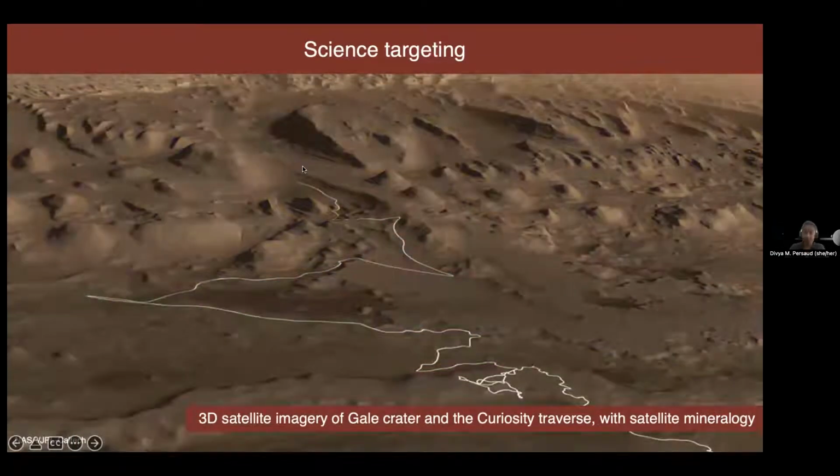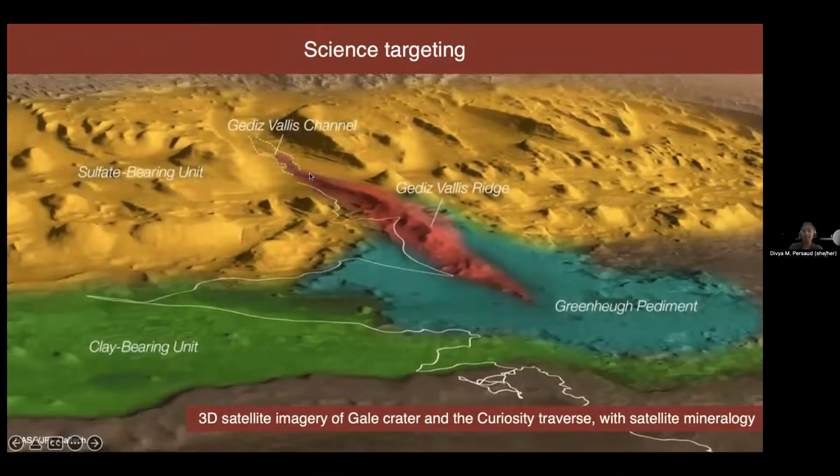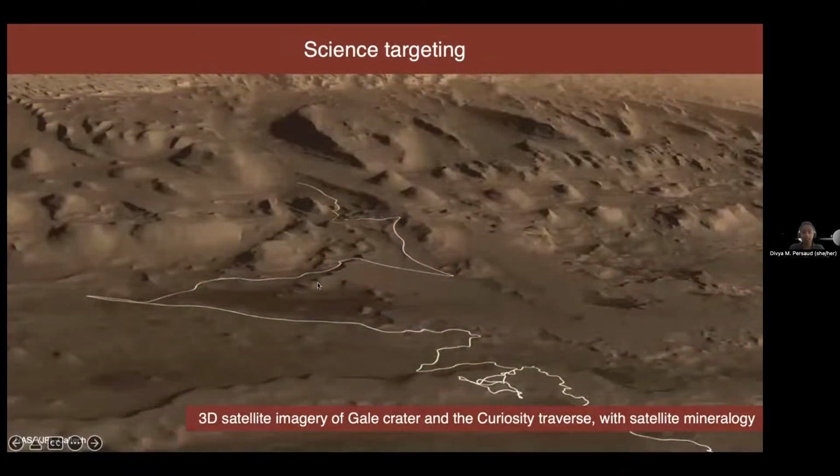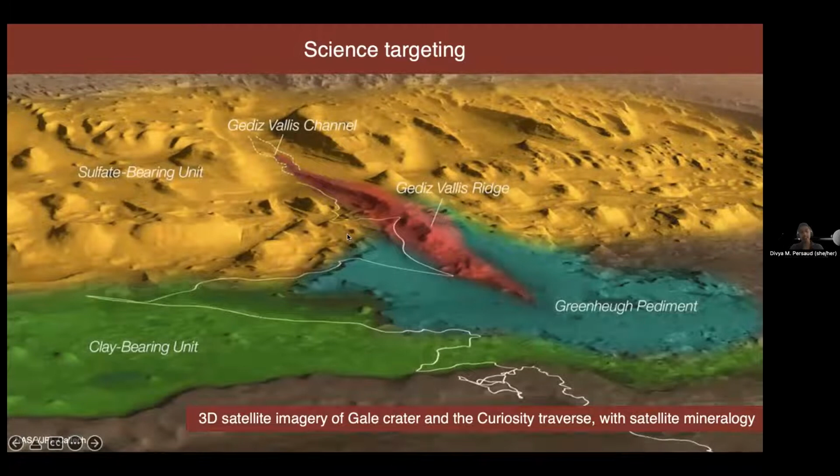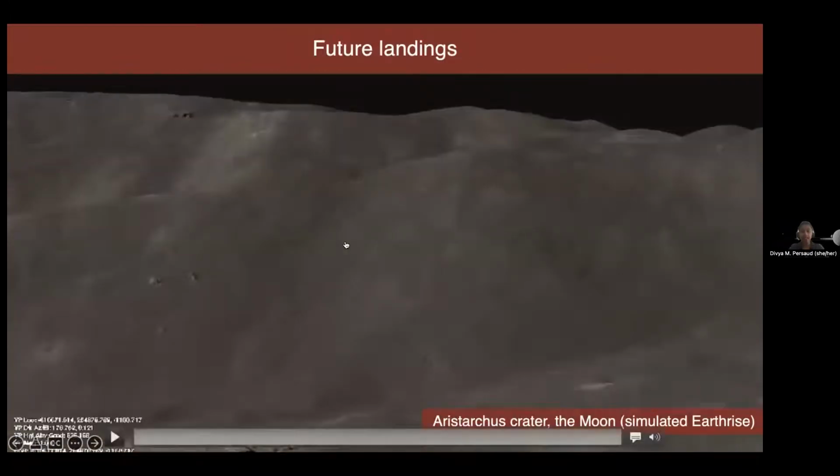And that's important for nerds like me, geologists who want to investigate some of these mysterious mineralogies going forward. And that informs how we choose traverse. And also it's being used for thinking about the future steps of human exploration.